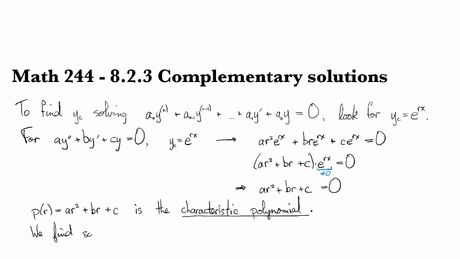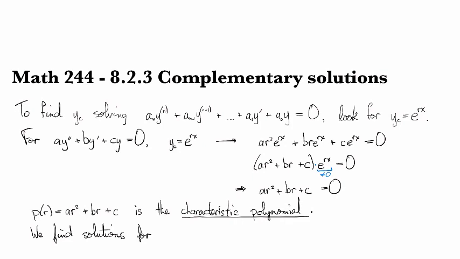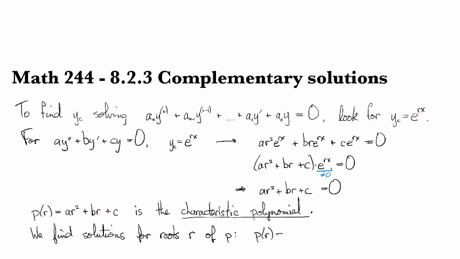And we find solutions to the ODE for the roots r of this polynomial. So in other words, solutions to p of r equals 0.